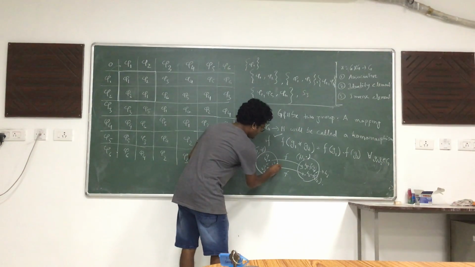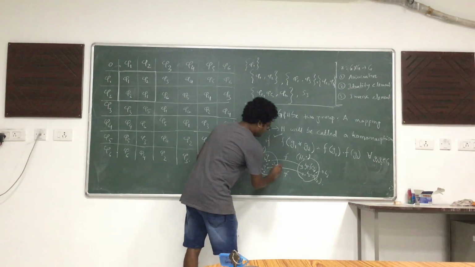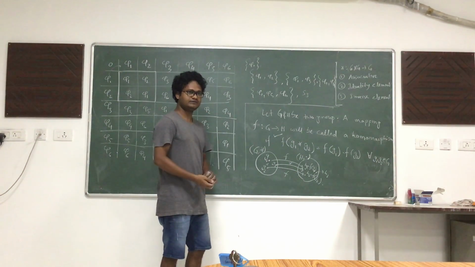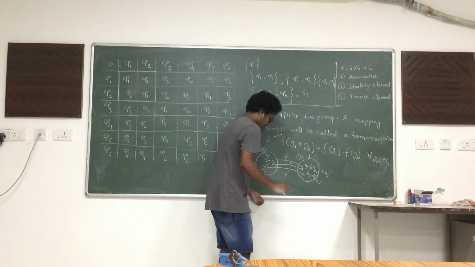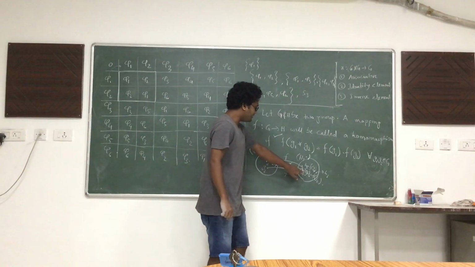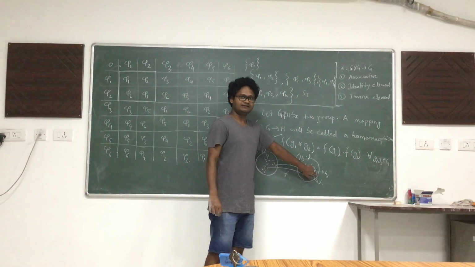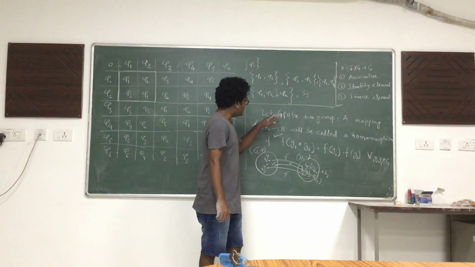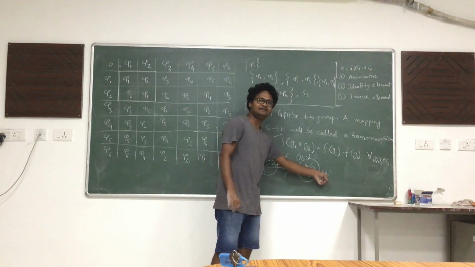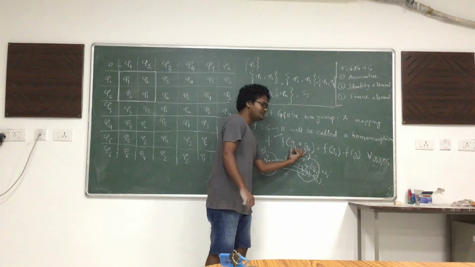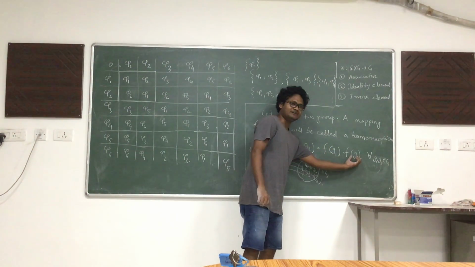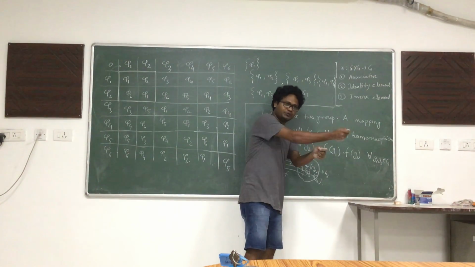Now g3 via the rule will go somewhere in this group. The question is, whatever it will be, f of g3 may not be the same as h3. But it will be called homomorphism if f of g3 is precisely h3. That means I multiply these two first and send that element across, or I send the elements first and then multiply them in the new group.